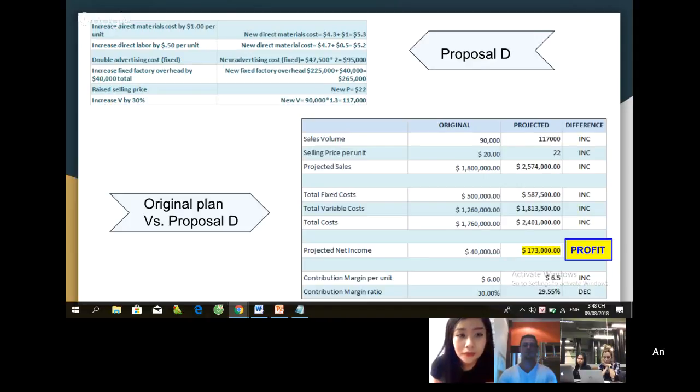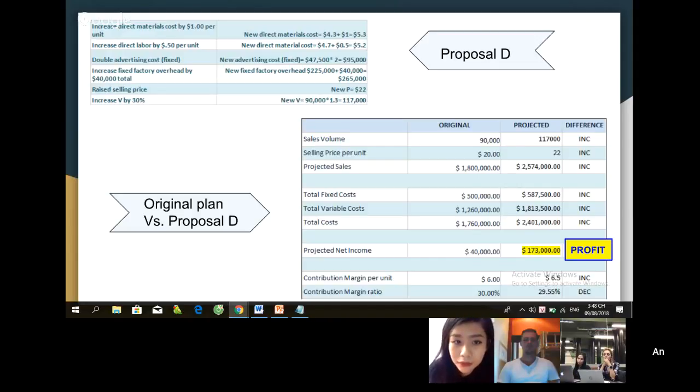So moving to proposal B, it seems like Marathon would improve the quality of the product by increasing the fixed and the variable costs. Specifically, fixed cost would rise, referring to an increase in the fixed component of other factory overhead and the doubling of fixed advertising expense. And moreover, the total variable cost per unit increased by $1.5.